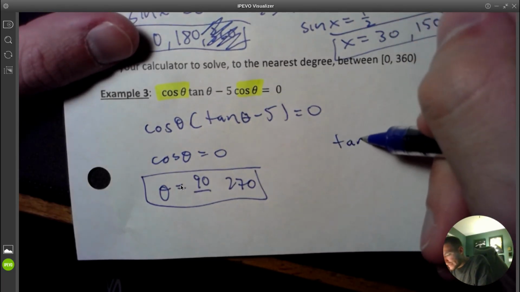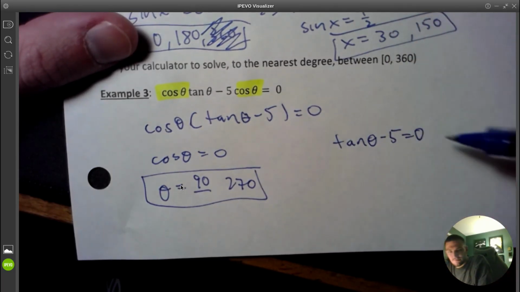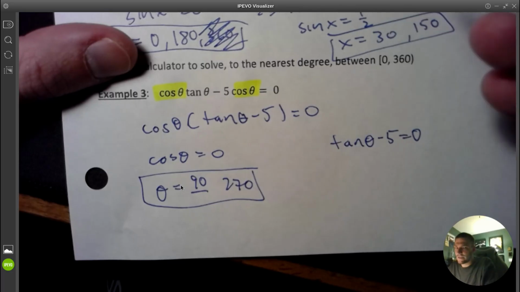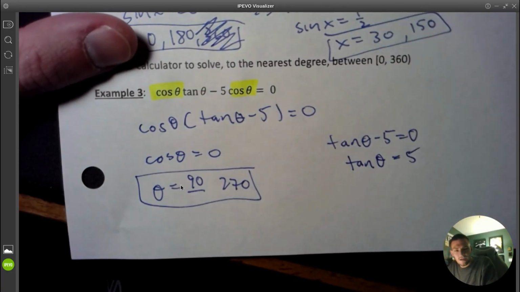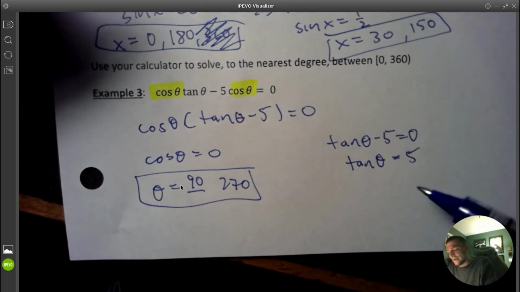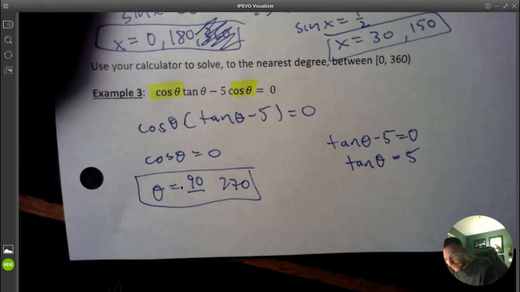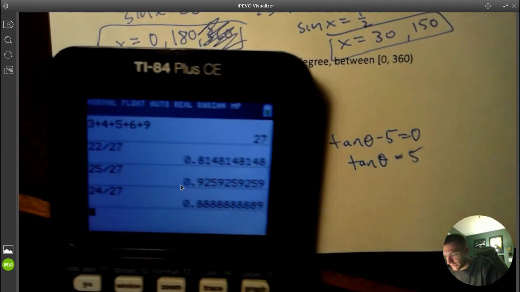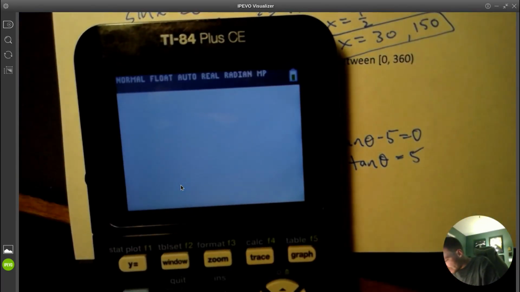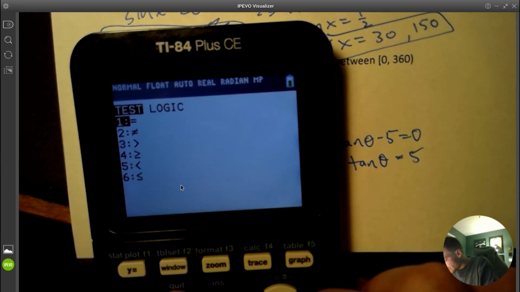Then we also have tangent theta minus 5 equals 0. I'm starting to recognize why they said use a calculator. When is tangent theta equal to 5? I don't know. I'm not scared because tangent goes down forever and tangent goes up forever. It has a range of all real numbers. Genius brought the calculator home today. Second, let's make sure we're in degrees here.